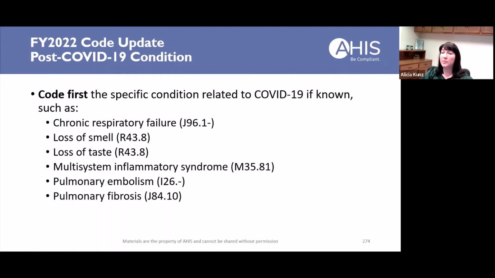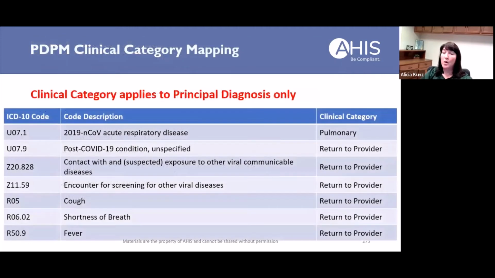So if they have chronic respiratory failure as a result of COVID, chronic respiratory failure is going to map. Now, if they have loss of smell, loss of taste, well, I don't want to say no big deal because that's horrible, but as far as Medicare is concerned, that's not a reason for skilled care. And the other ones that we've been using, encounter for screening, and then the symptom codes, cough, shortness of breath, etc., are all return to provider codes.